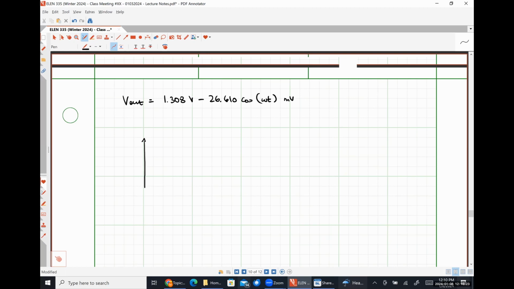So if we were to plot things, here's V out as a function of time. This would be our 1.308 volts.